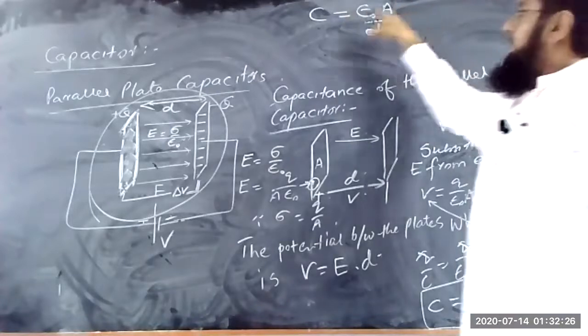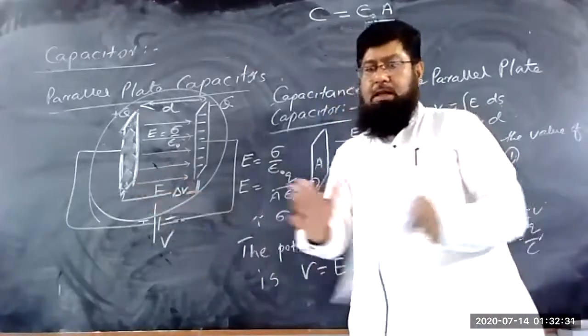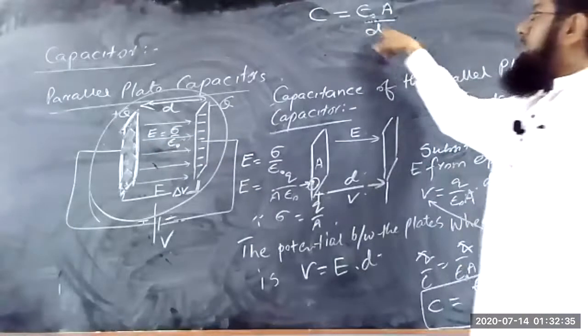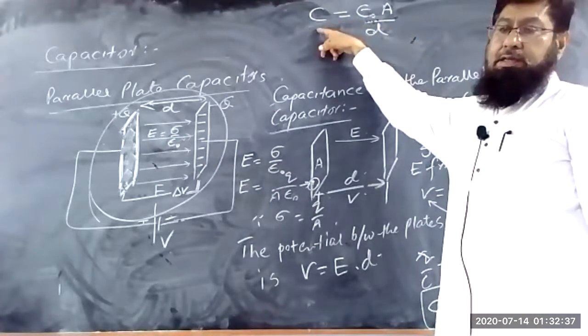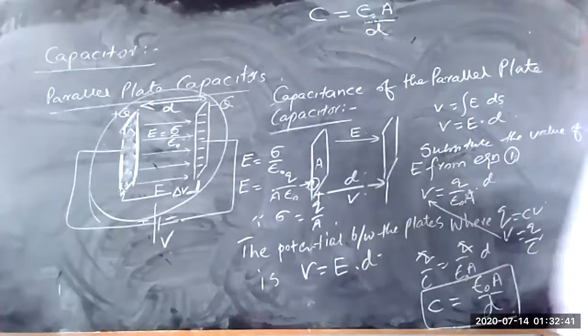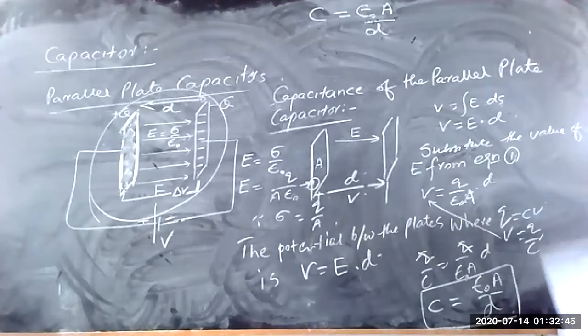And if we increase the separation between the plates, if the plates are kept away from each other, D increases, so therefore the capacitance decreases. So C is inversely proportional to D.